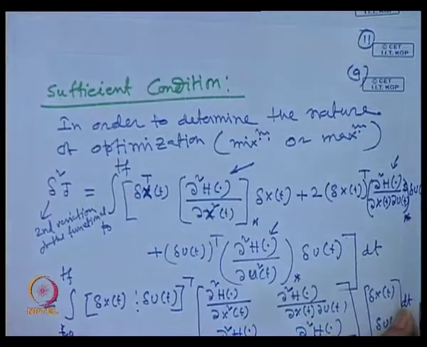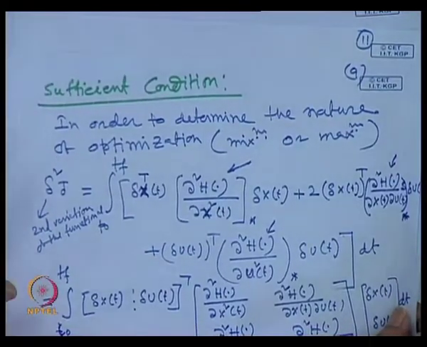The necessary condition is required to find the trajectory of control u of t and x of t. Once you get the optimal trajectory u star of t and x star of t, the next question is the nature of this optimality, whether the functional value is minimum or maximum.